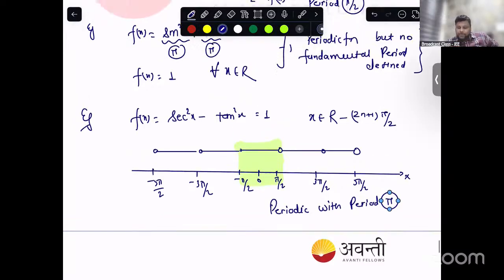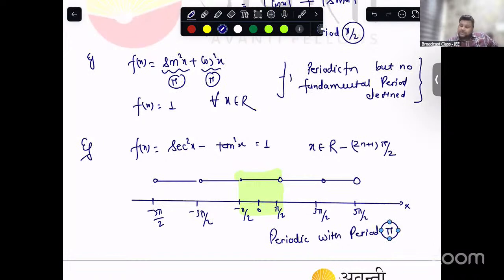Have a look. See the difference in both the questions. They both are constant functions, but still one is periodic with period pi.